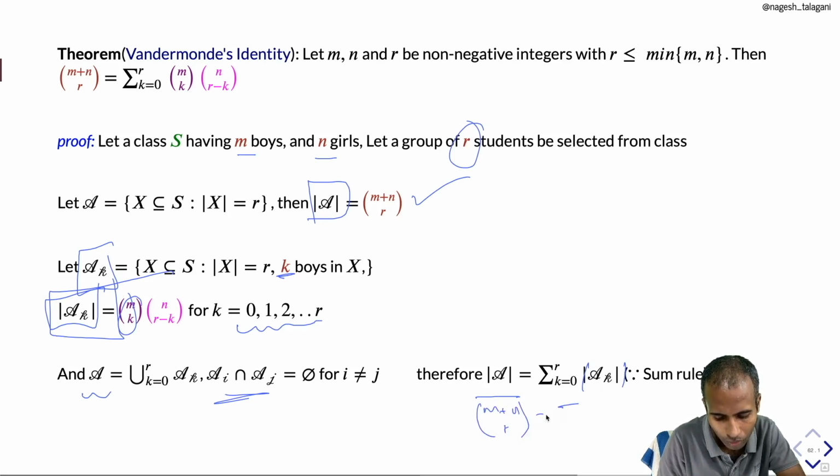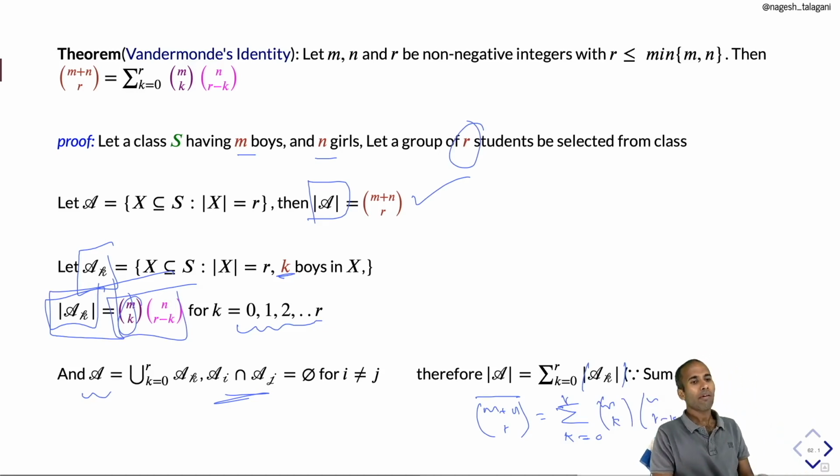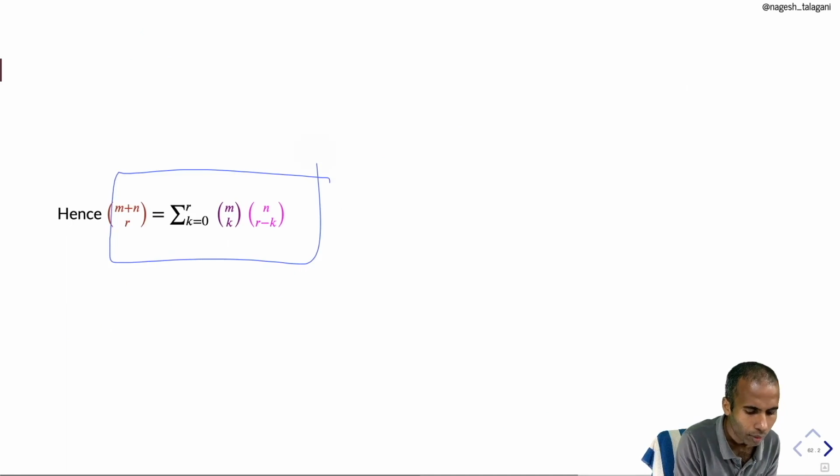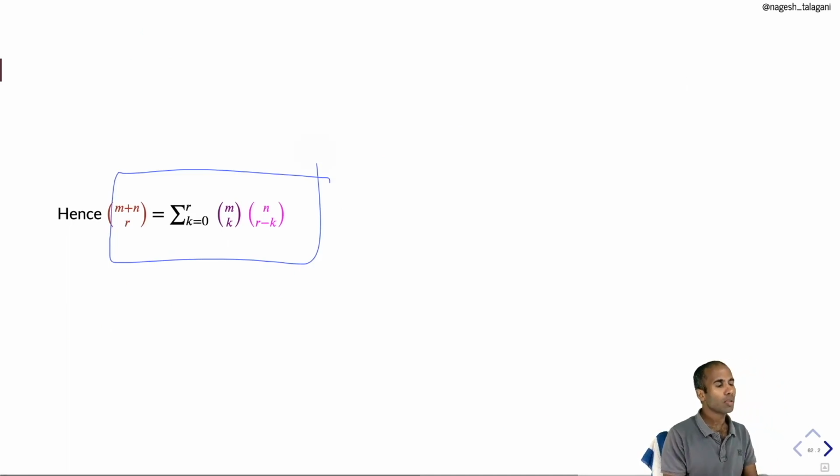And also the right hand side, summation k equal 0 to r, the number of elements in script A_k is m choose k into n choose r minus k, right? So this is Vandermonde's identity. Hence, we have m plus n choose r equal to summation k equal 0 to r of m choose k into n choose r minus k. Okay, and we have a corollary here.